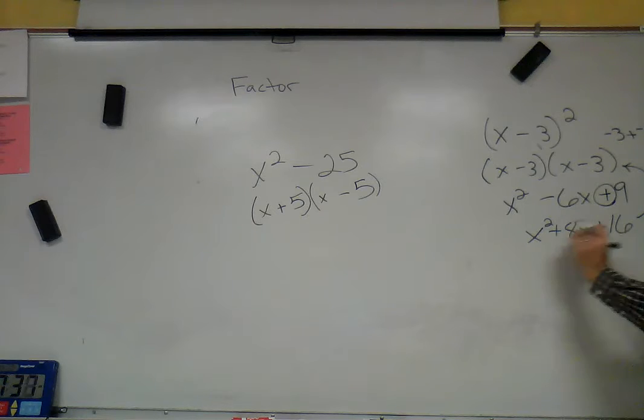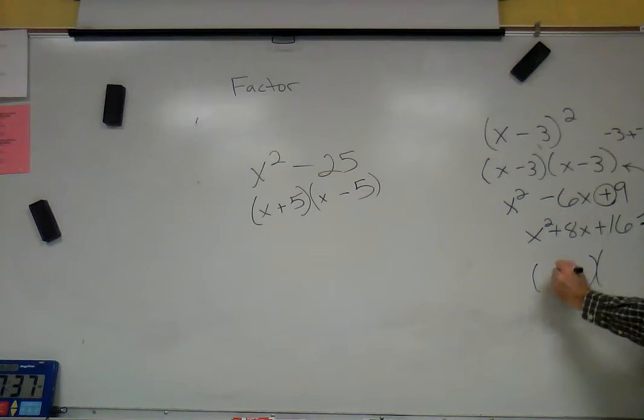But is this a square and is this a square? Yes. And then we look at the square root of this, which is 4. 4 plus 4, or 4 times 2, does that equal 8? So we would have x plus 4, x plus 4. Since there are two of them, we could write it as squared.